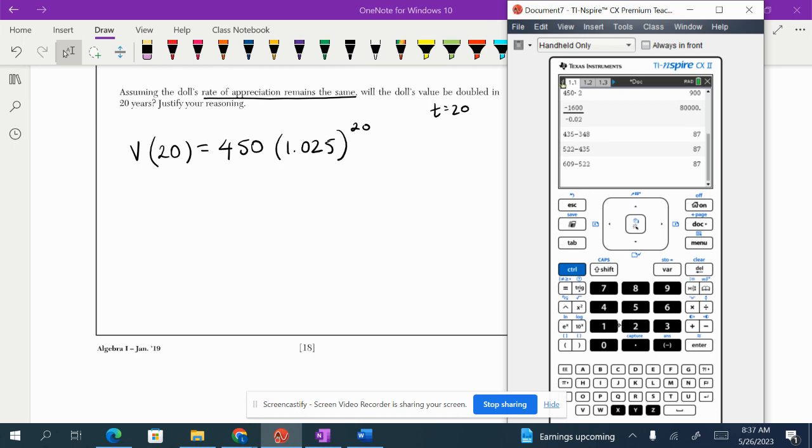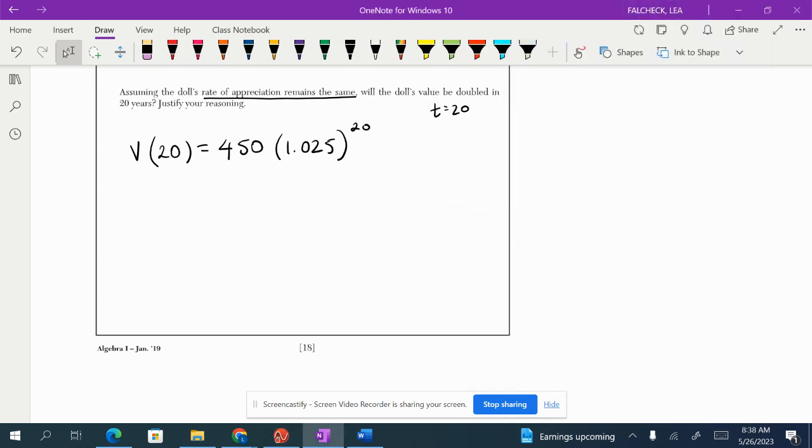We've got 450 times 1.025 to the 20th power. And that's $737.38. Okay, so this is the doll's value after 20 years.